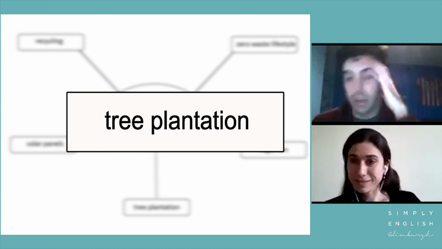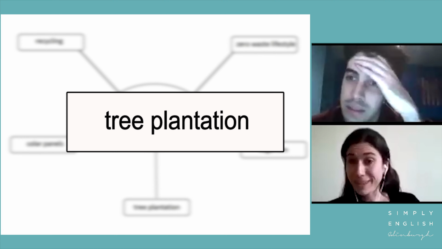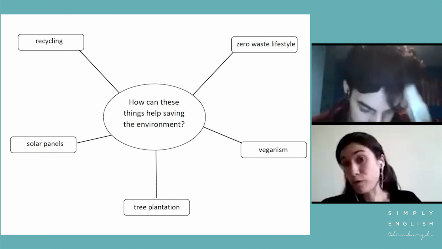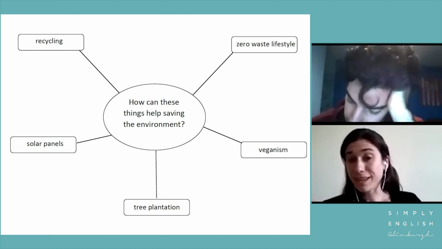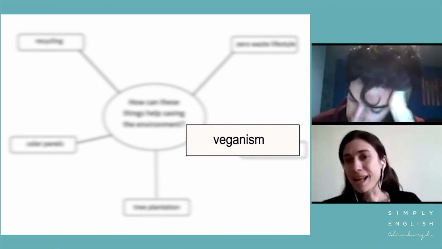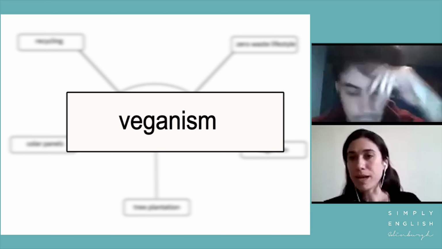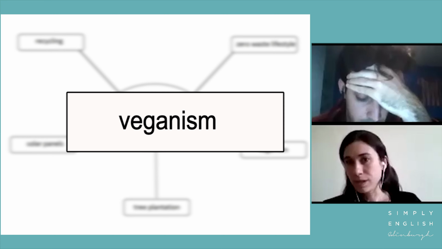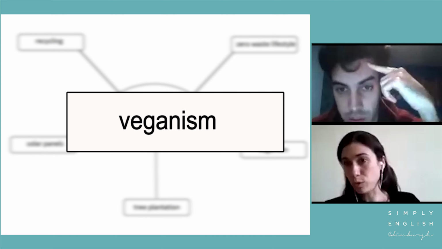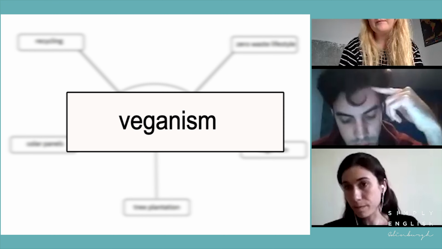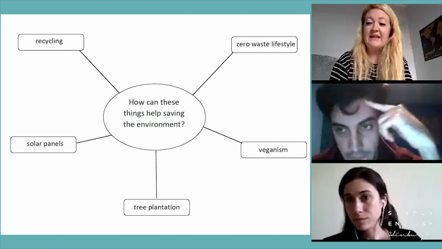Do you agree? Yeah, I see perfectly your point. And only for closing the topic about veganism, I think that it's more a kind of personal behavior, but at the end, all the people have the choice of trying to make a better planet. Okay, perfect. Thank you.